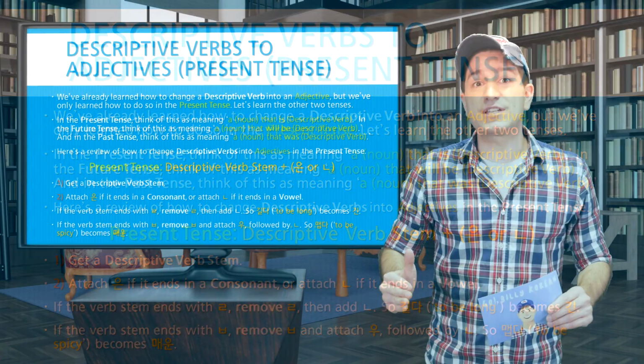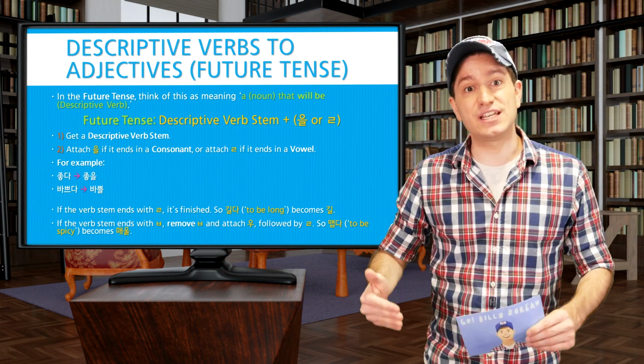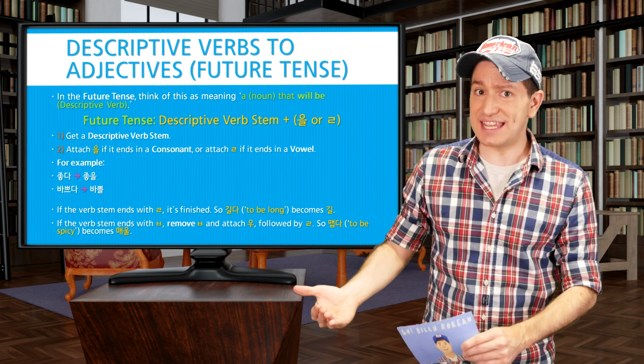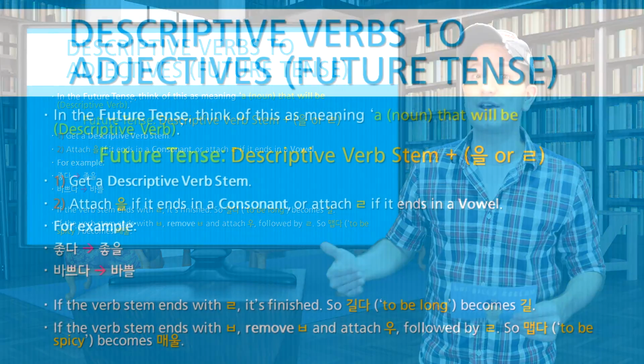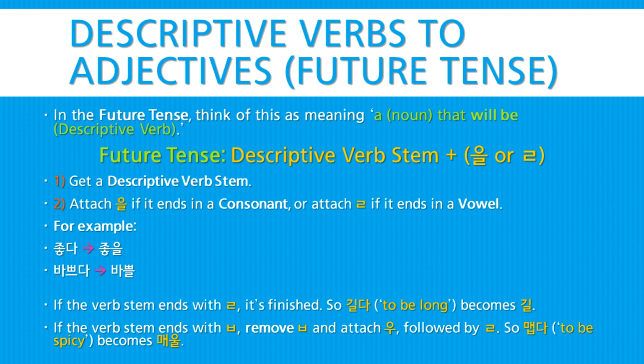But descriptive verbs can also be conjugated as adjectives in the future tense, and you can think of this like a noun that will be descriptive verb. Here's how to do that. Get a descriptive verb stem, then attach 을 if it ends in a consonant, or attach ㄹ if it ends in a vowel. For example, 좋다, to be good, would become 좋을.